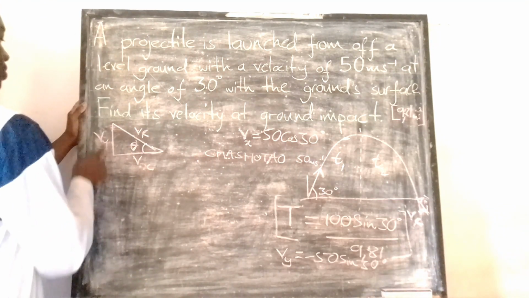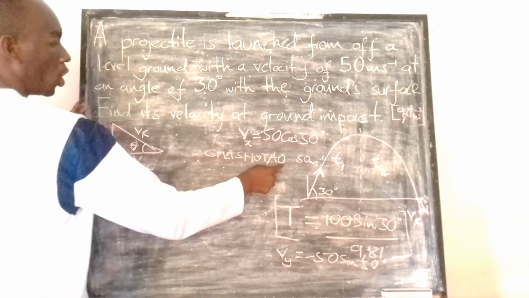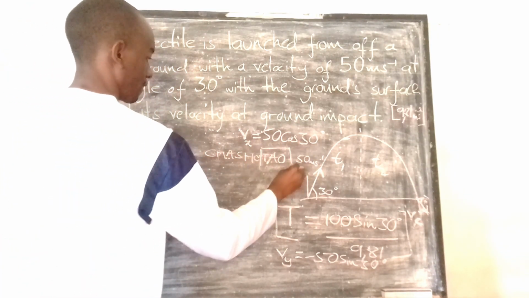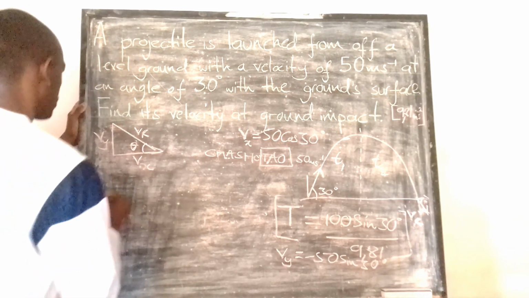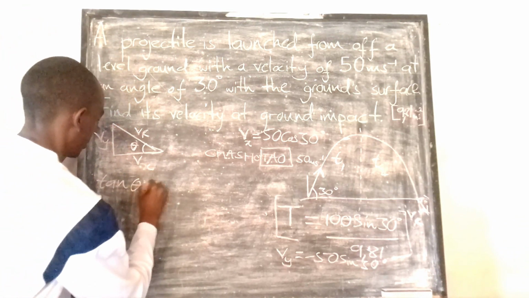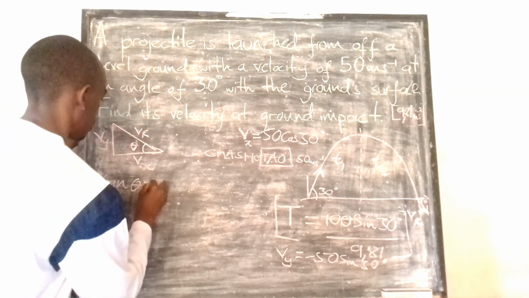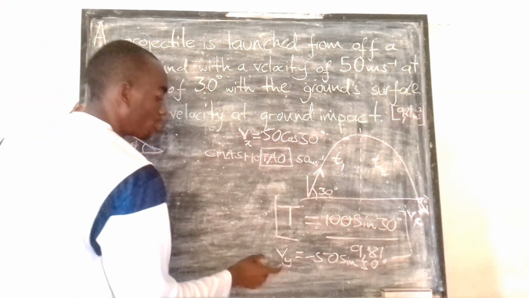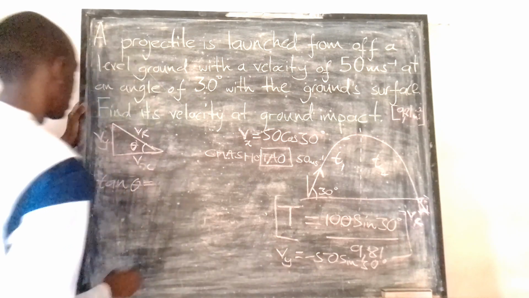So in this case we've got the opposite and the adjacent. Opposite and adjacent. So we're utilizing tan. So we've got tan theta is equal to Vy. What is Vy? Now we only want the magnitude of Vy in this case, so I'm not going to take the negative.